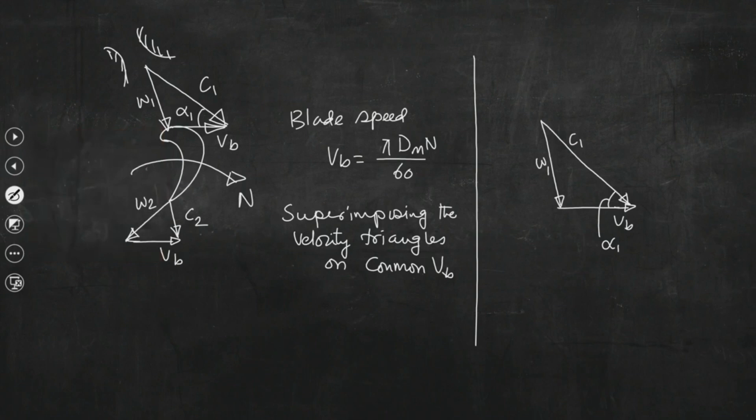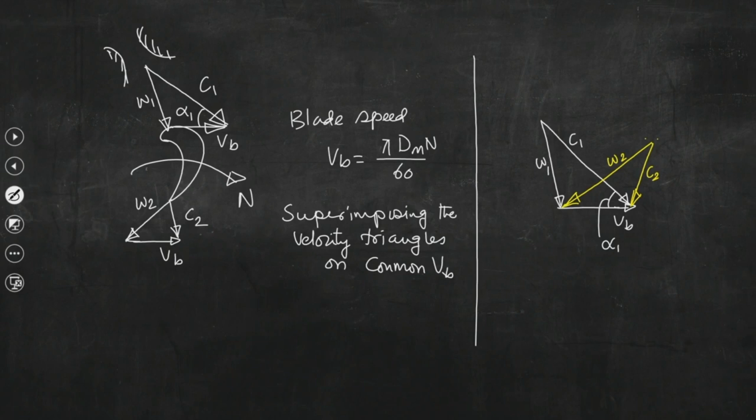Now, we shall superimpose the outlet velocity triangle here, so this is C2, this is W2, right.